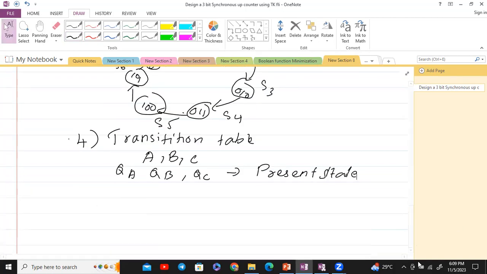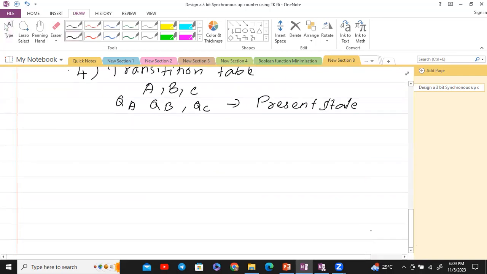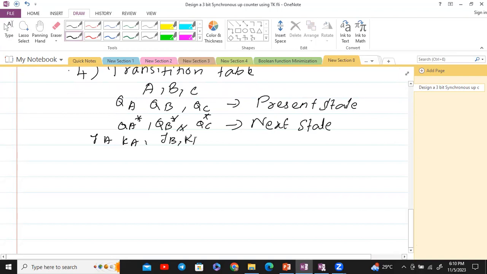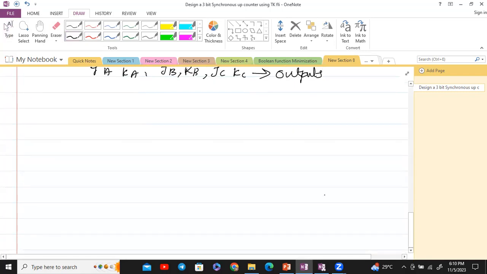Then QA star, QB star, QC star are the corresponding next state. What are the outputs? You have JA, KA, JB, KB, JC, KC as the corresponding outputs. Okay. Based on this, you have to give the transition table.